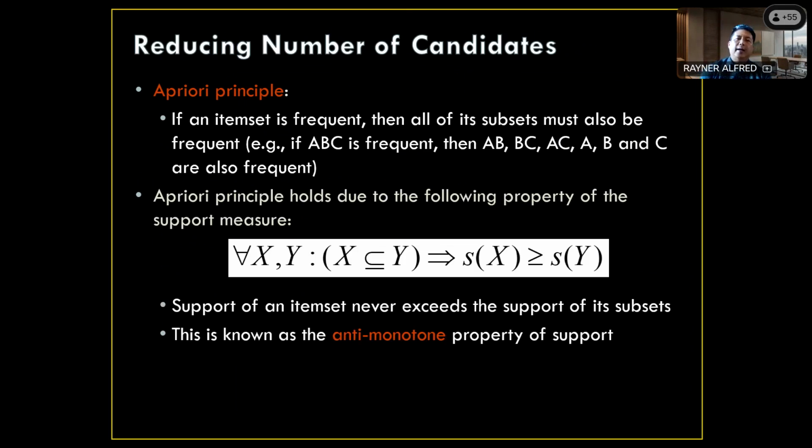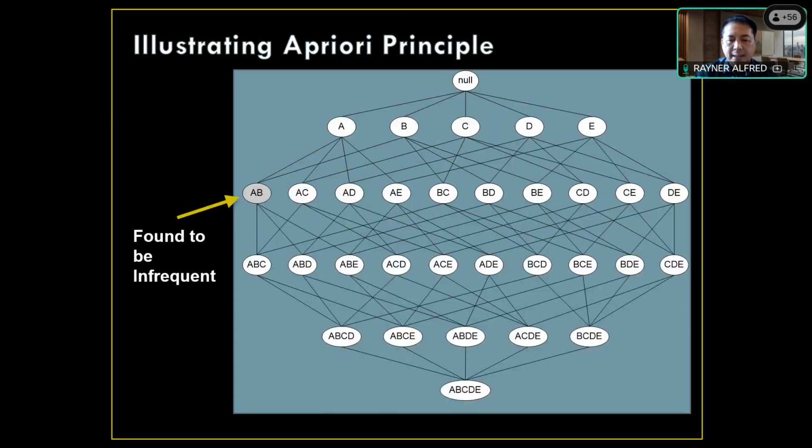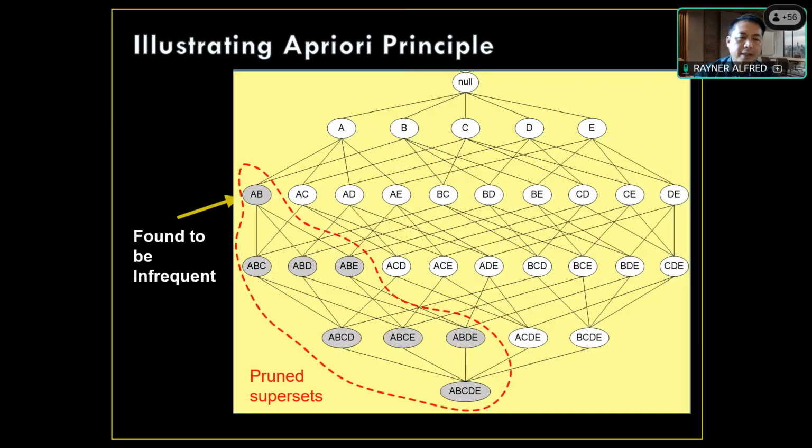Okay, when we try to reduce the number of candidates, looking at this diagram it is very easy, because if we find that this is not frequent, we start from here with the individual items and then the combinations and go down. Once we find this is not frequent, we don't have to go down again.